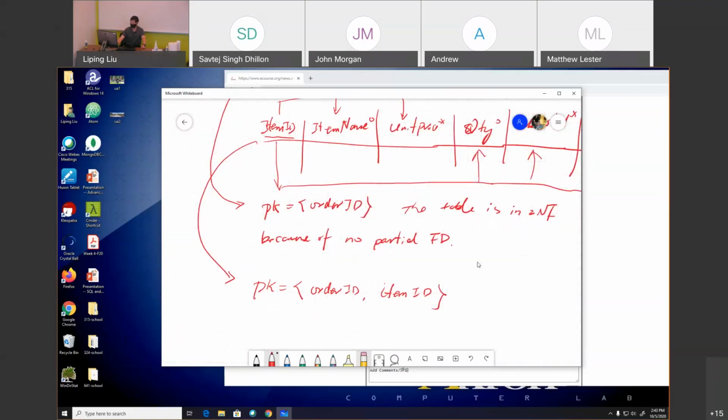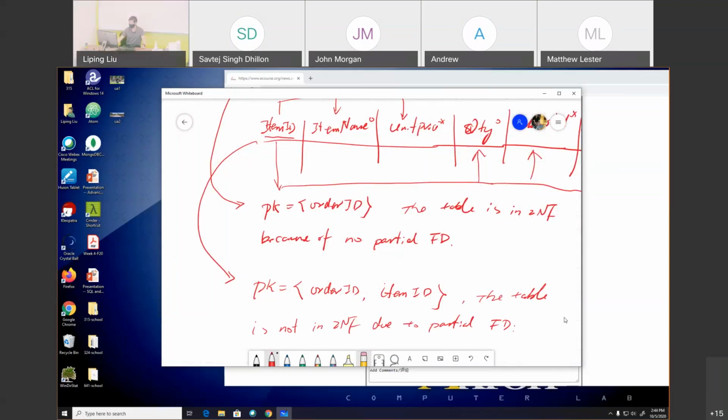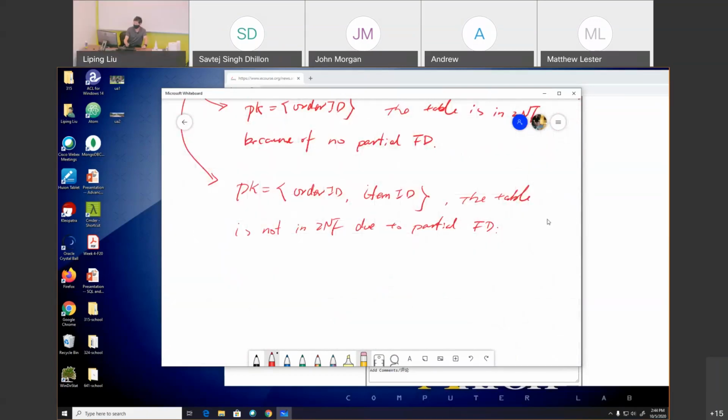So the table is not in second normal form due to partial FD. What is the partial FD here?